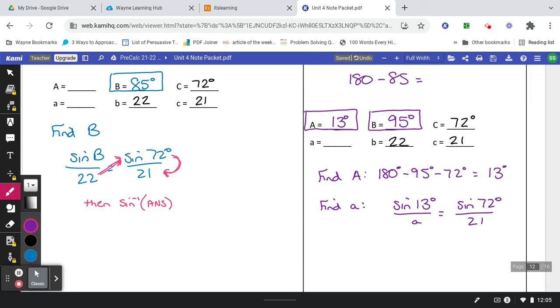Cross multiply and divide. Again, cross multiply the ones you know, so never cross multiply with a letter. Cross multiply the opposite angle, the opposite direction, and then divide. I'll let you type that into your calculator.